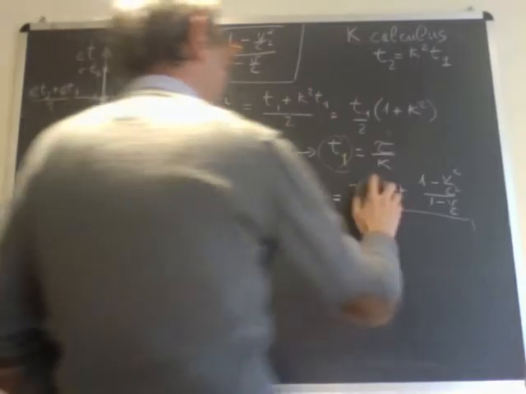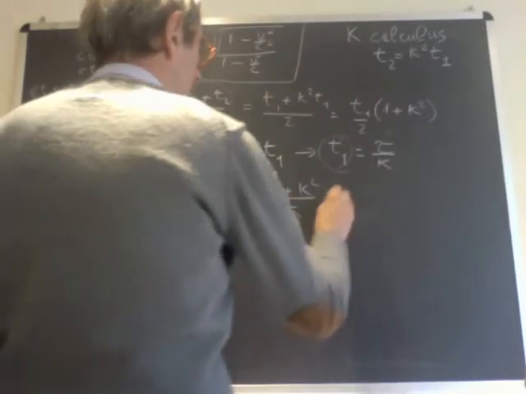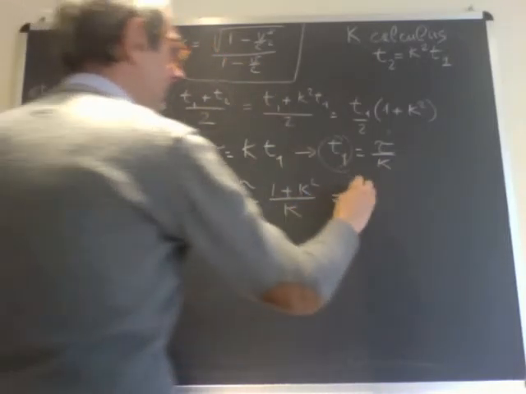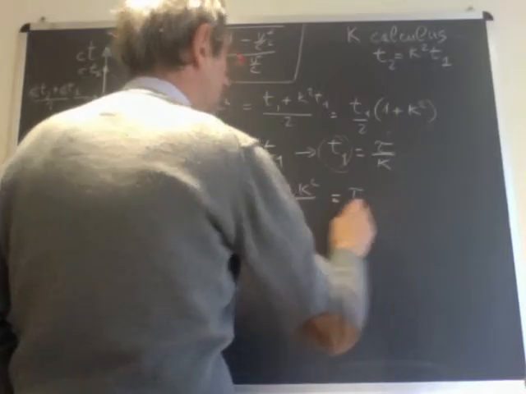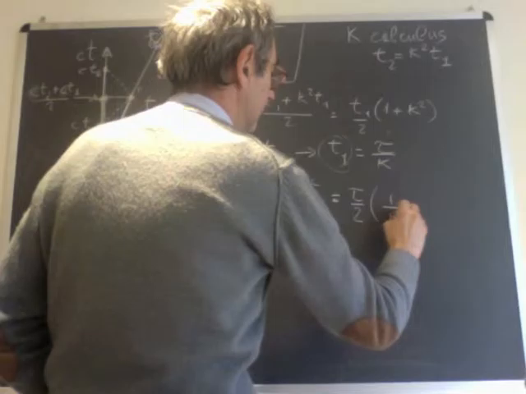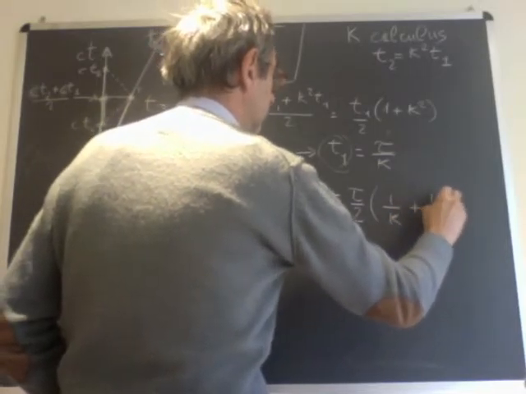I prefer to work on leaving k without substitution for the moment. So this is tau over 2 multiplied by 1 over k plus k.